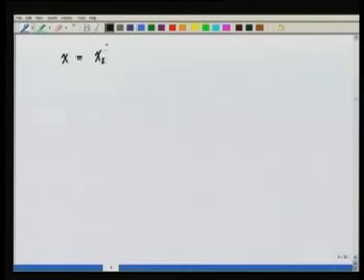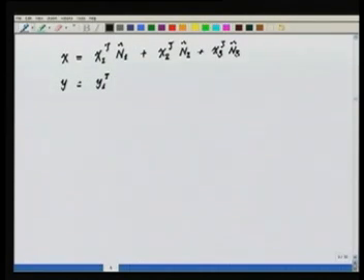Geometry mapping becomes x is equal to x1 of tau into n1 hat plus x2 of tau into n2 hat plus x3 of tau into n3 hat, and y becomes y1 of tau into n1 hat plus y2 of tau into n2 hat plus y3 of tau into n3 hat.